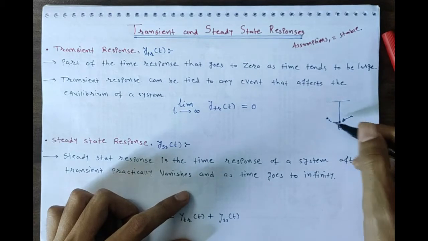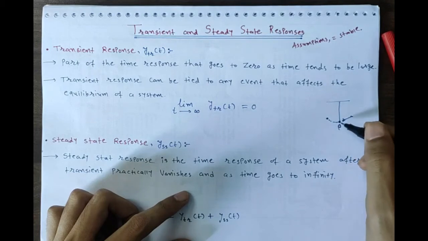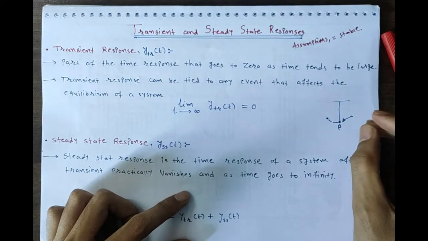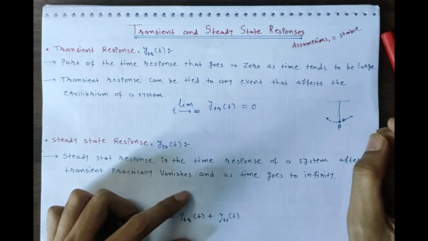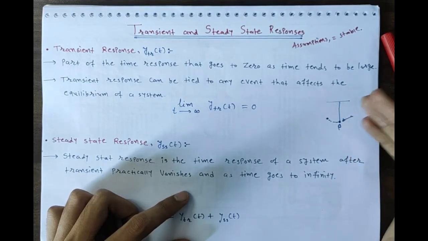So if you push it in this direction, it will oscillate, and afterward it will be stable at this point. So this is nothing but your stability. At this point, this kind of stability is enough. Okay, afterward I will explain the actual stability, relative stability and steady state stability.